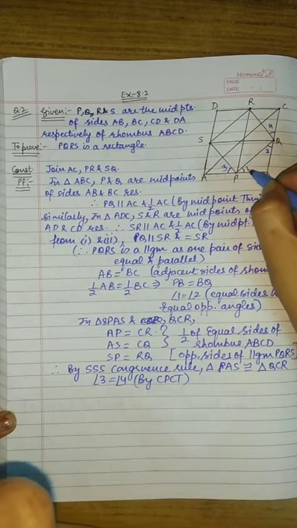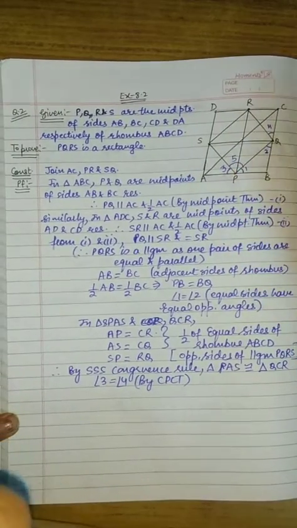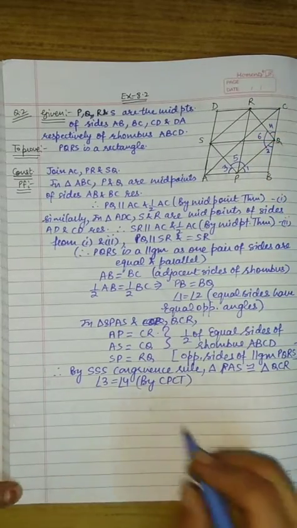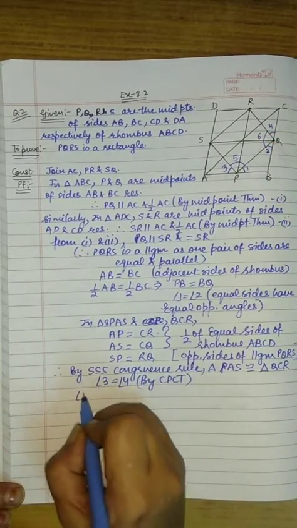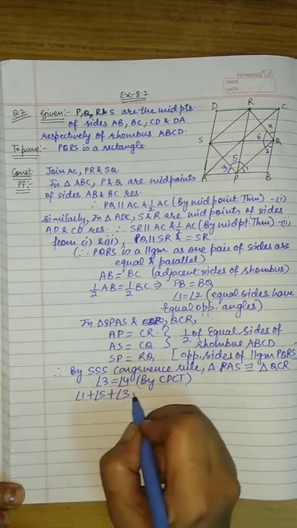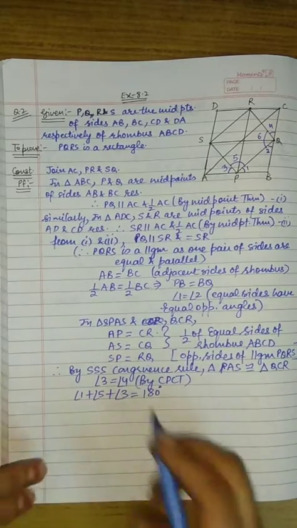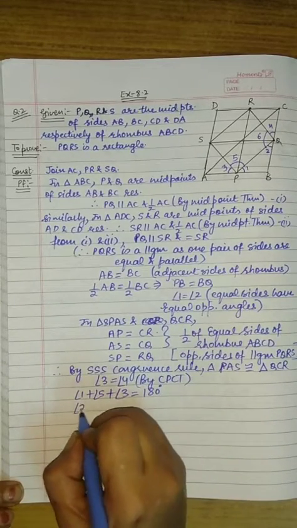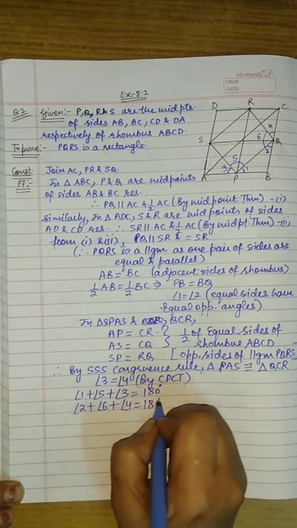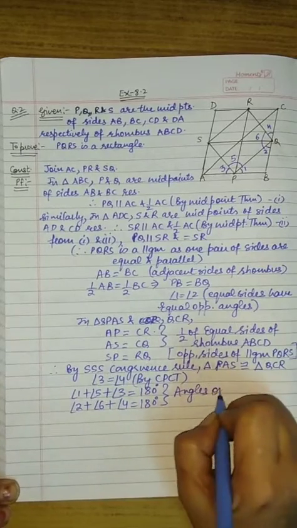Between angle 1 and angle 3, we will take angle 5, and between angle 2 and angle 4, we will take angle 6. So angle 1 plus angle 5 plus angle 3 is equal to 180 degrees, and angle 2 plus angle 6 plus angle 4 is also 180 degrees, angles on a straight line.